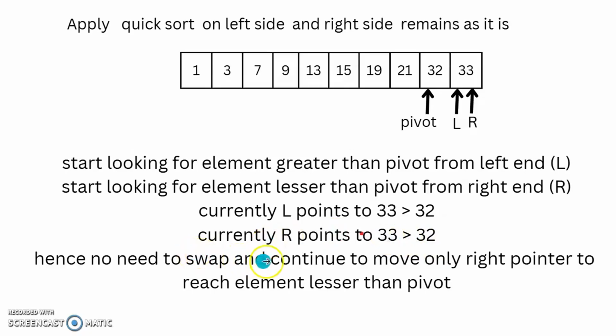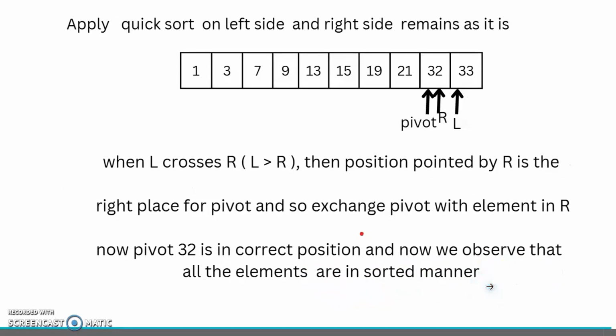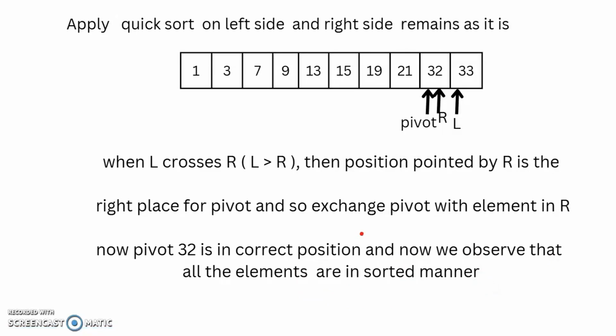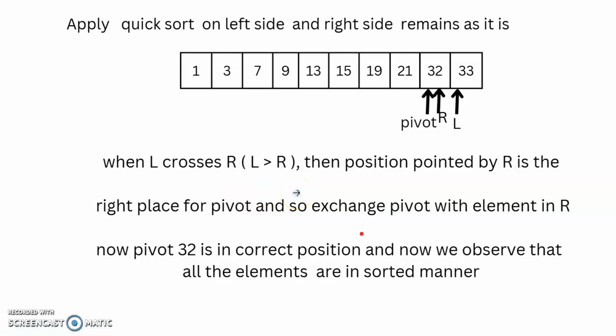So there is no need to swap, and continue to move only the right pointer. When you move the right pointer one step further, it points to 32 and L crosses R. So the position pointed by R is the right place for the pivot. So 32 is in the right place now.